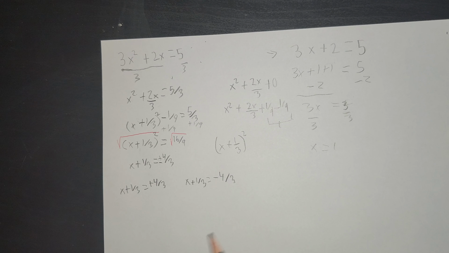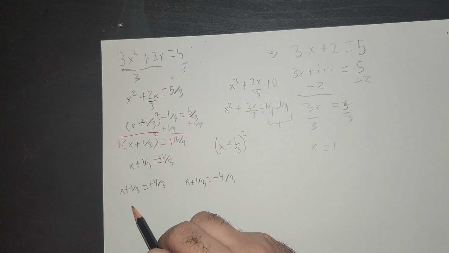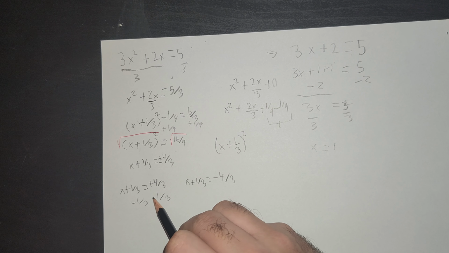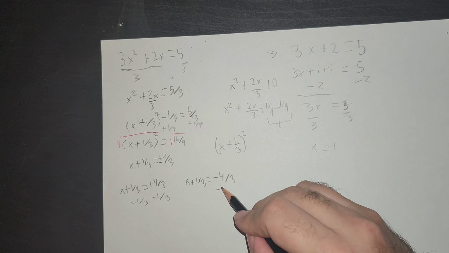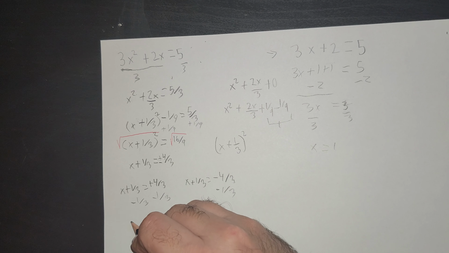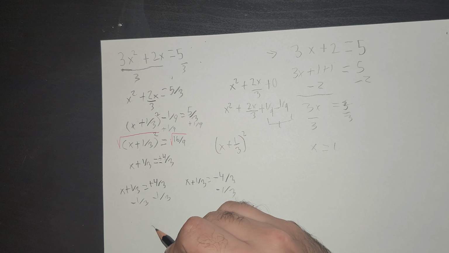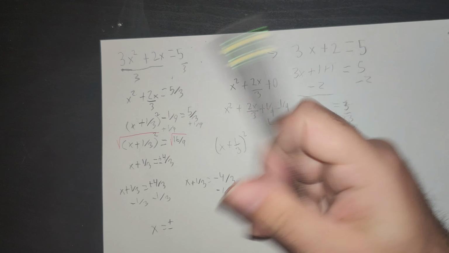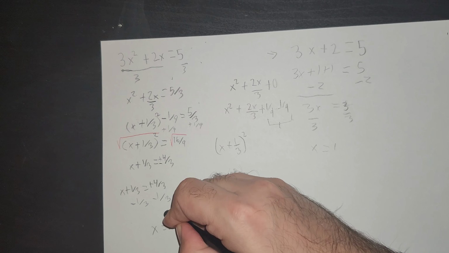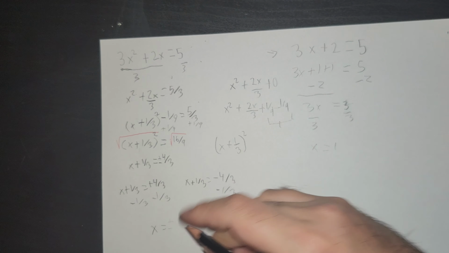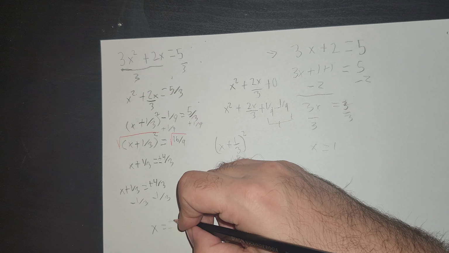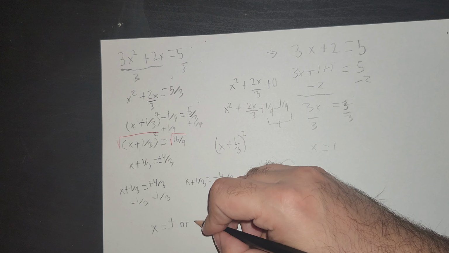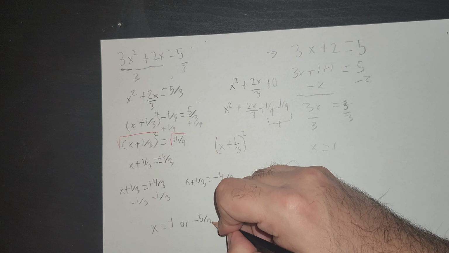Now, the steps for both sides are going to be the same, just subtract 1/3. So when we bring these together, x could be equal to 1, or it could be equal to negative 5/3.